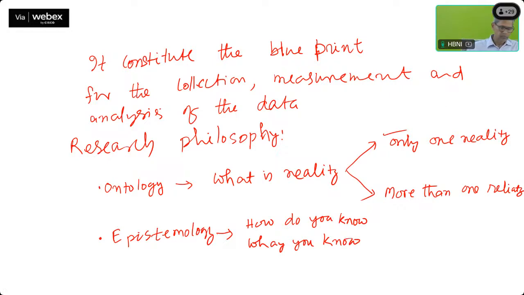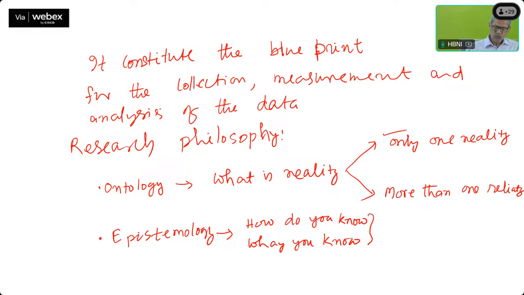This is the question. So ontology is basically about reality. There are two schools of thought. One is that there is only one reality. The other is that there is more than one reality, or multiple realities.